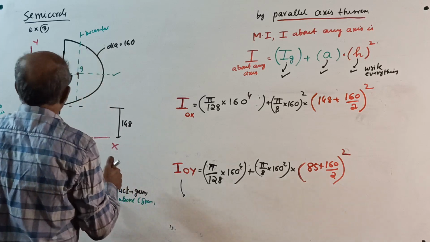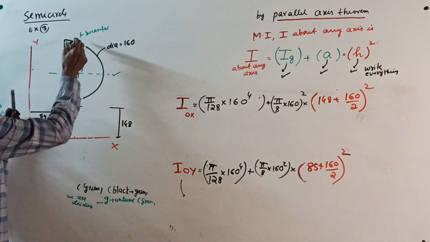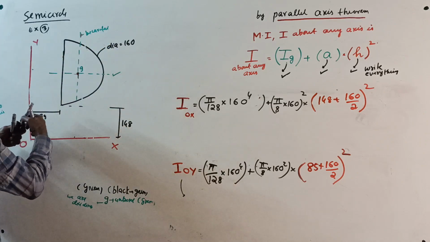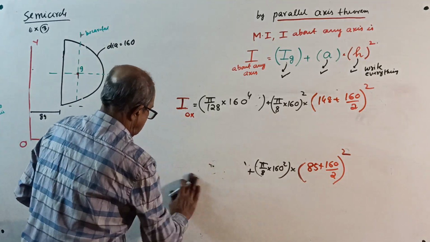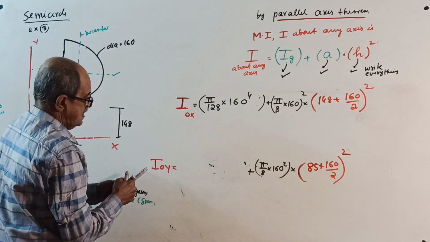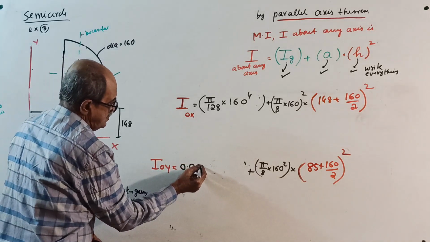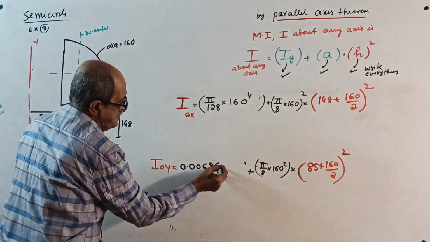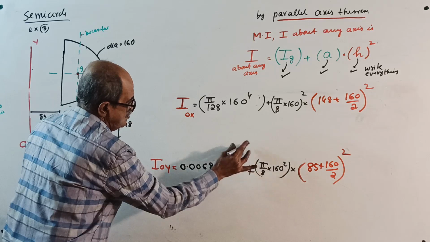Next, I about OY. First about its own axis. Be careful, its own axis, that is, about this axis is 0.00686 into 160 power 4, diameter power 4.